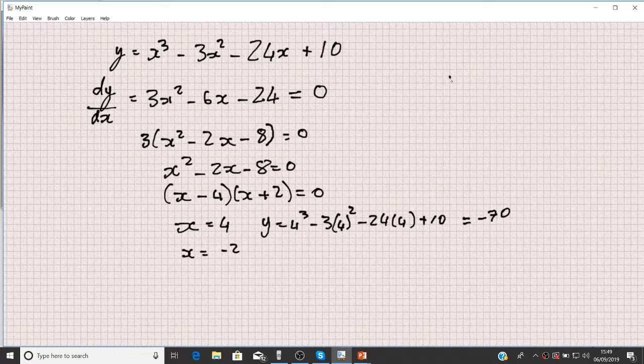So we have one stationary point identified: the first stationary point is (4, -70).